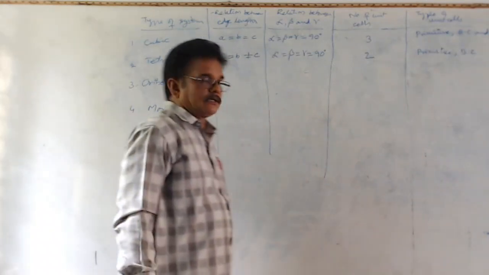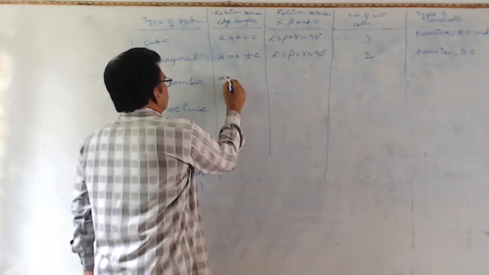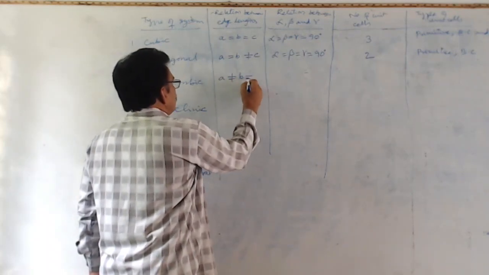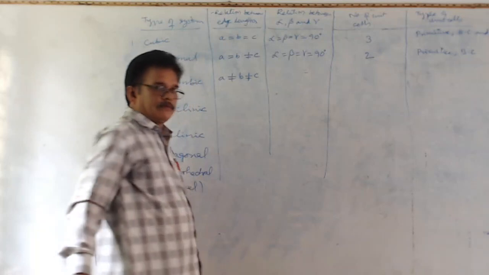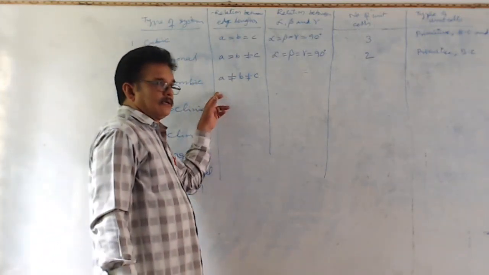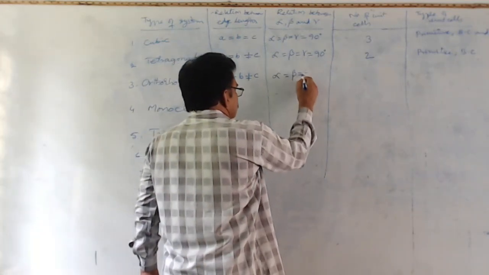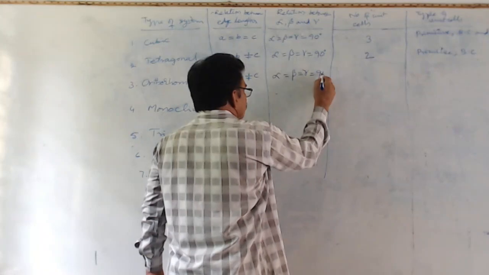And in the orthorhombic system, A is not equal to B, which is not equal to C. That means the three edge lengths are different, but the angle between any two faces is the same, which is equal to 90 degrees.